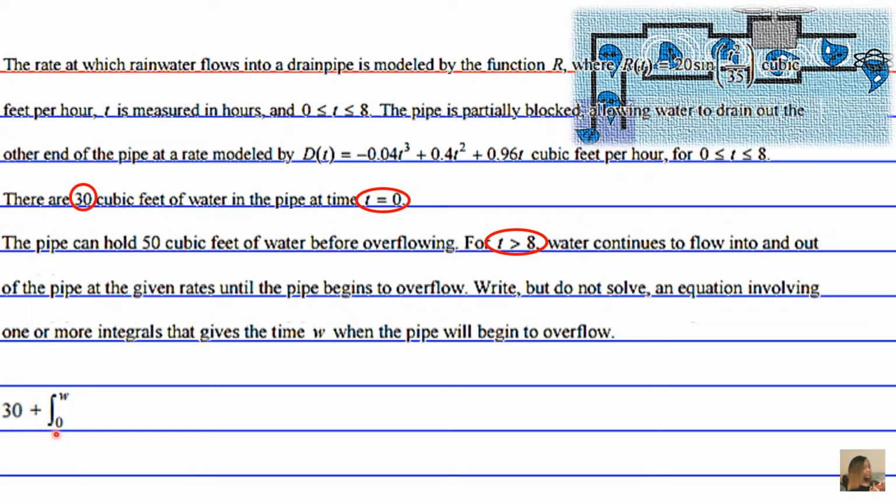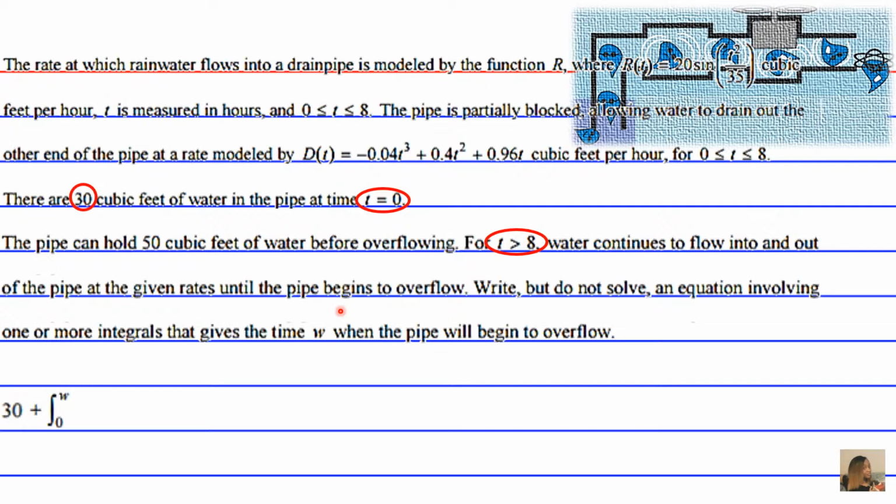So we're integrating from 0 to w. Although we don't know what w is, we're told to use w as the variable for the upper bound or upper limit of integration. And keep in mind, we don't have to solve the integral, we just have to accurately express it.